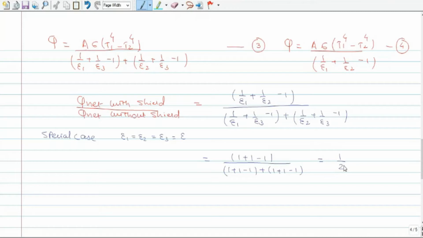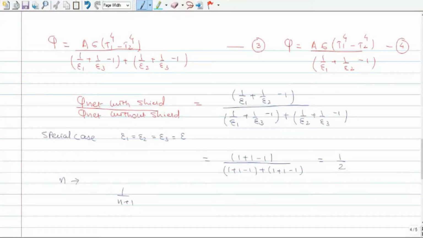So this is a special case, and sometimes it is asked in GTU that whenever you are using a shield of the same emissivity, then the heat is reduced by 1 by 2 times, or we can say the heat reduction between the two surfaces is 50%. And in general terms, if you are using n number of thermal shields, then your answer becomes 1 upon n plus 1. It means if you are using 2 shields, then it becomes 1 by 3rd.